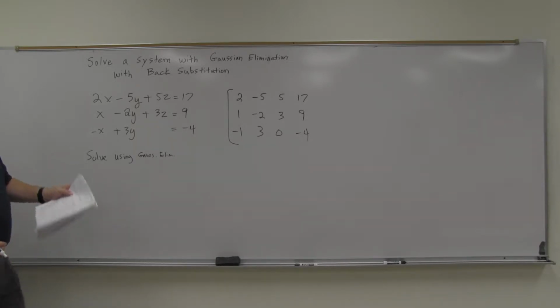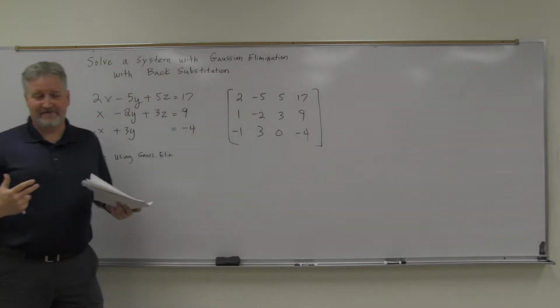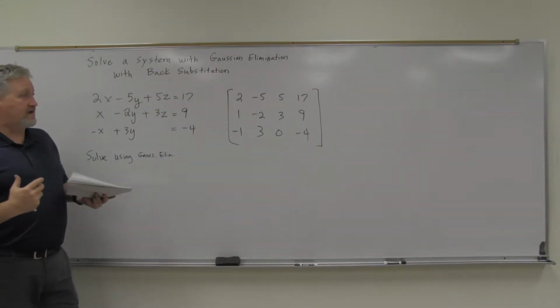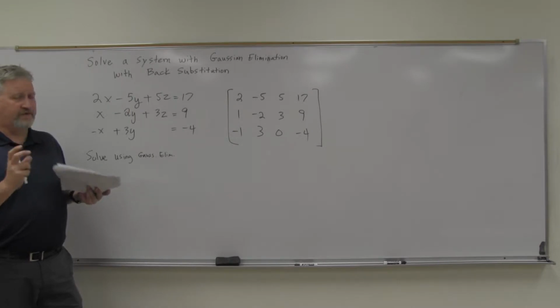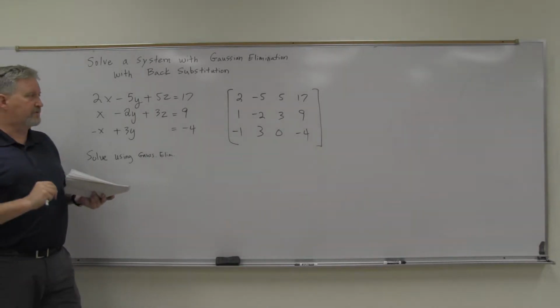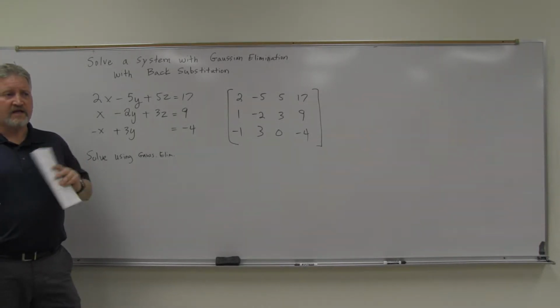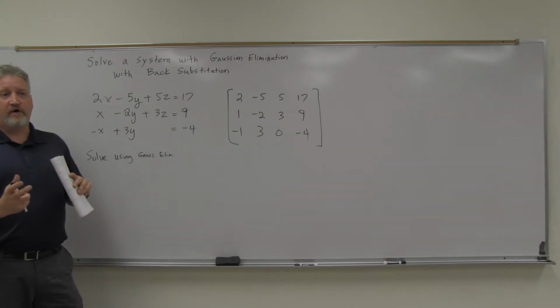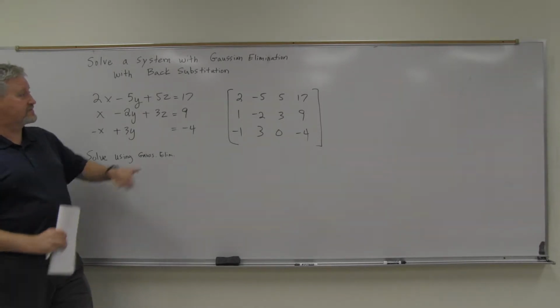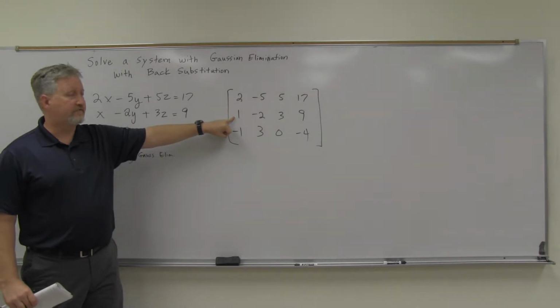Okay? Now, I want to make this as easy on ourselves as possible. And you see, one thing we haven't talked about yet that we can do on this one, that we didn't do in the previous one, is we can swap rows out. And in this case, swapping a row out is going to help us a lot because row 2 already has a 1 in the first slot here.